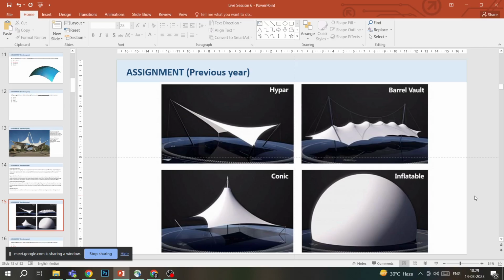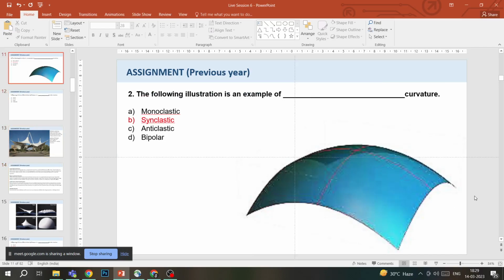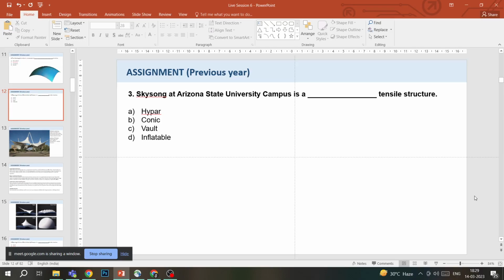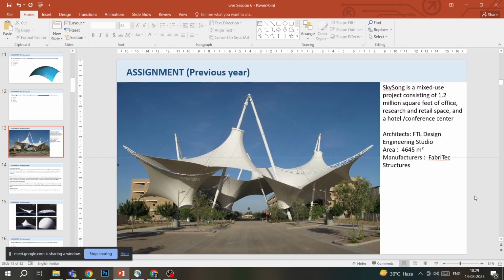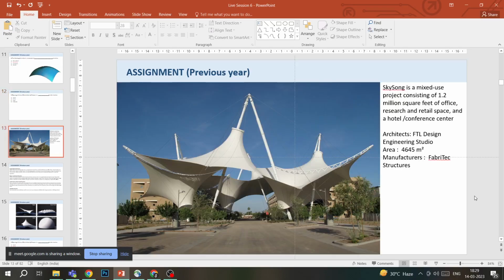And yeah, so moving back to the question. The question was that Sky Song at Arizona State University campus is a dash tensile structure. Which of the following? So as you can see very clearly that it's not vault, it's not inflatable, and hypar and conic we come to, but it is very evident that it is conic because it looks like a cone.